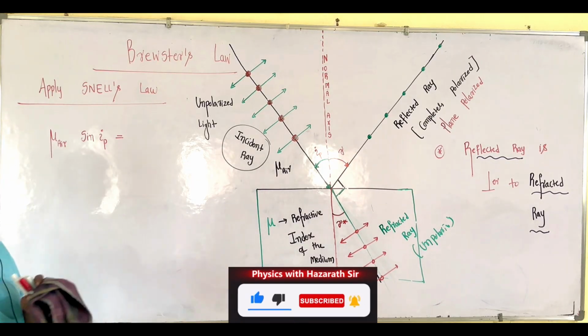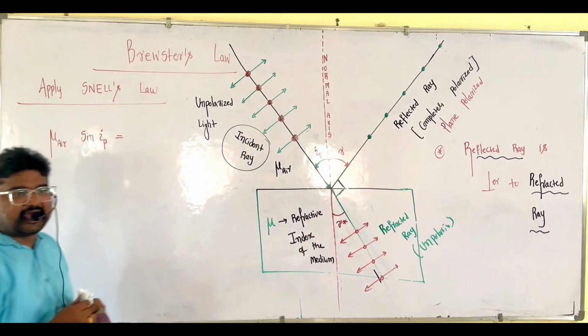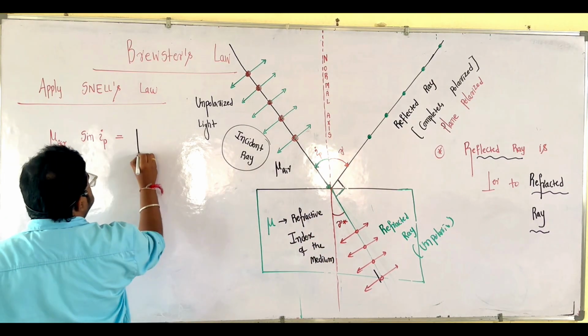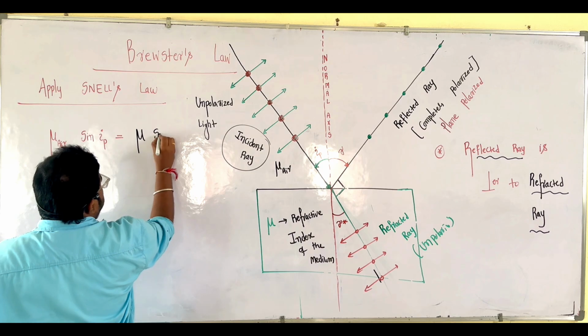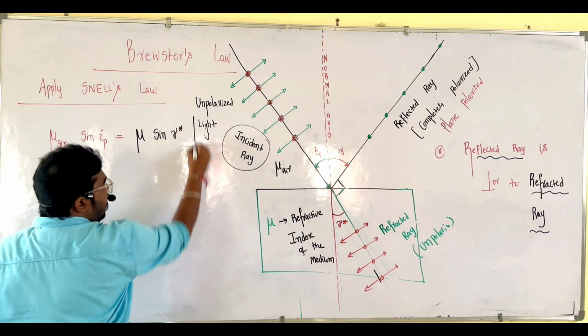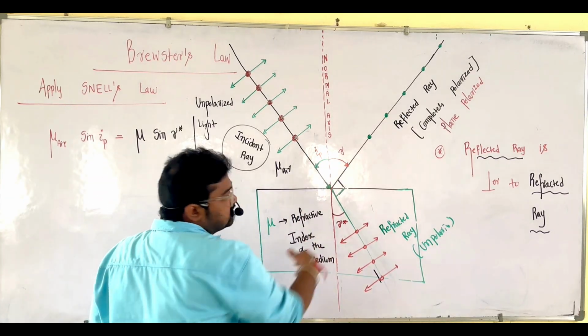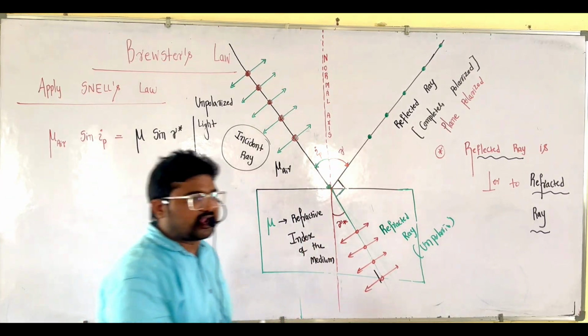Now, just apply Snell's law. Mu into sin, clear? What is mu into sin? Corresponding medium, sin of the refracted angle. మామూలుగా అయితే మనం ఆరే తీసుకుంటాం, కానీ ఇక్కడ రెండు తీసుకుంటాం కాబట్టి ఒకటి ఆర్ స్టార్ లెక్క రాసాం.